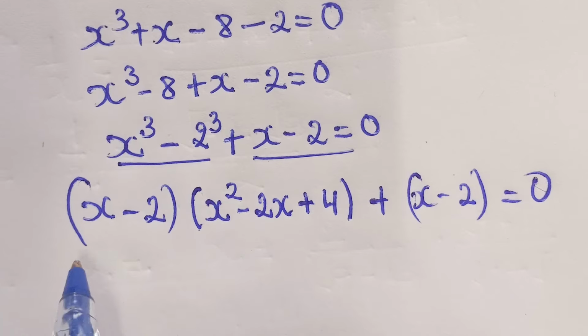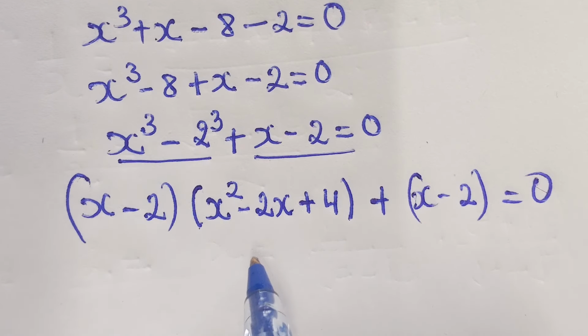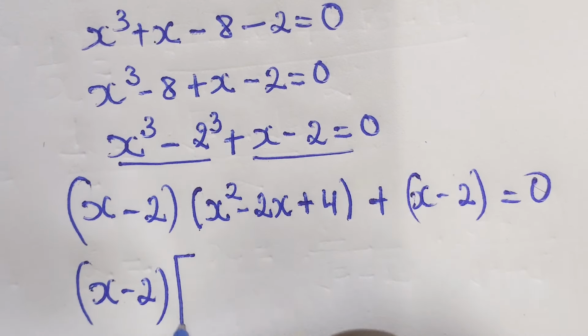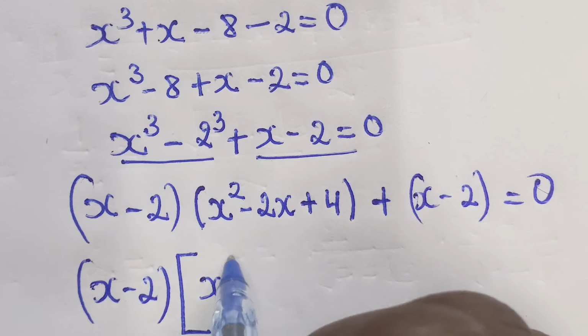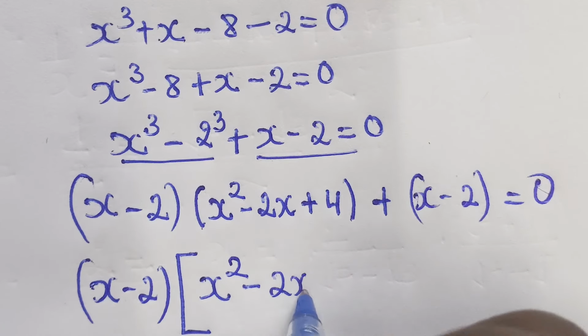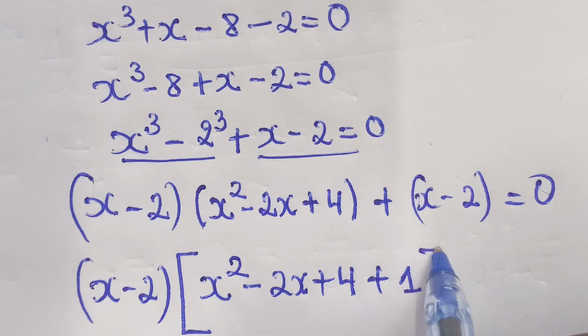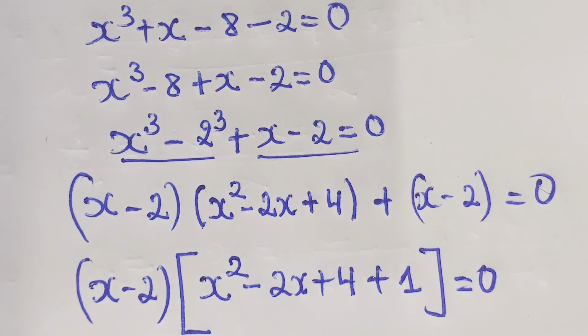Then you have the same factor. You factorize x - 2, open bracket of x^2 + 2x + 4 + 1, equal to 0.